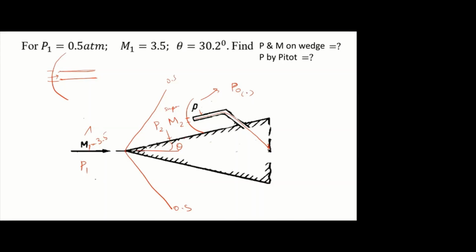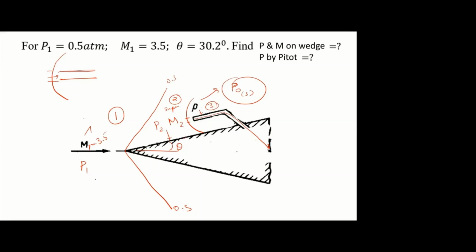P0 3. Good. This is station 1. In between, this is region 2 and this is region 3, because there is a bow shock in front of the pitot tube. This portion is normal shock. So this is station 3.